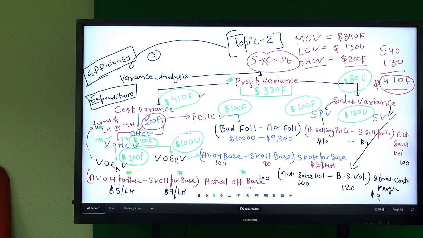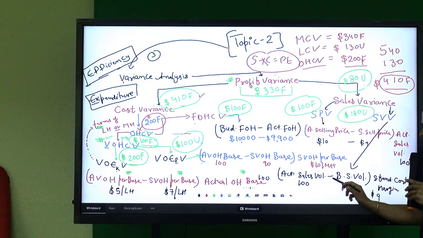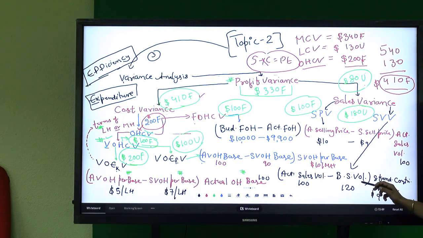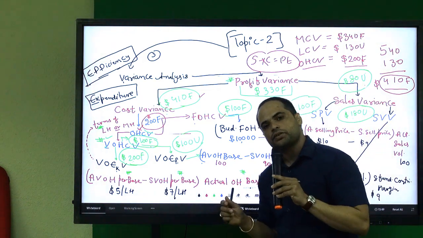Next is the sales volume variance. Sales volume variance is how many units I sell, which also represents the sales turnover. So the formula is actual sales volume minus budgeted sales volume, multiplied by standard contribution margin. Please note that sales minus variable cost is the contribution margin.